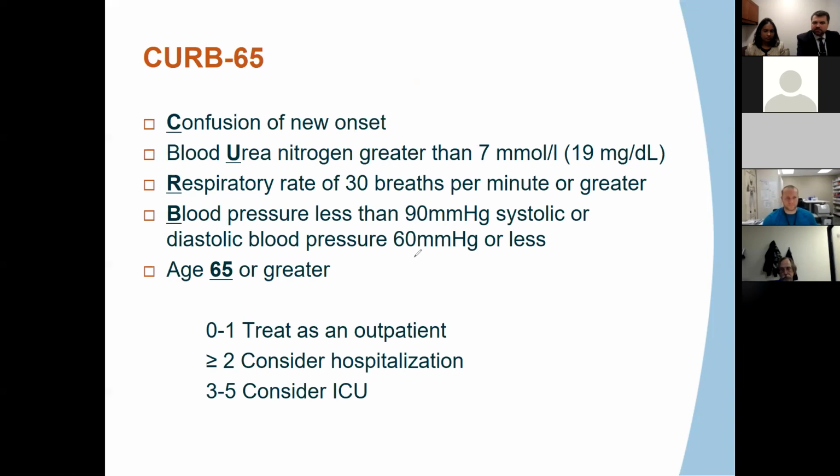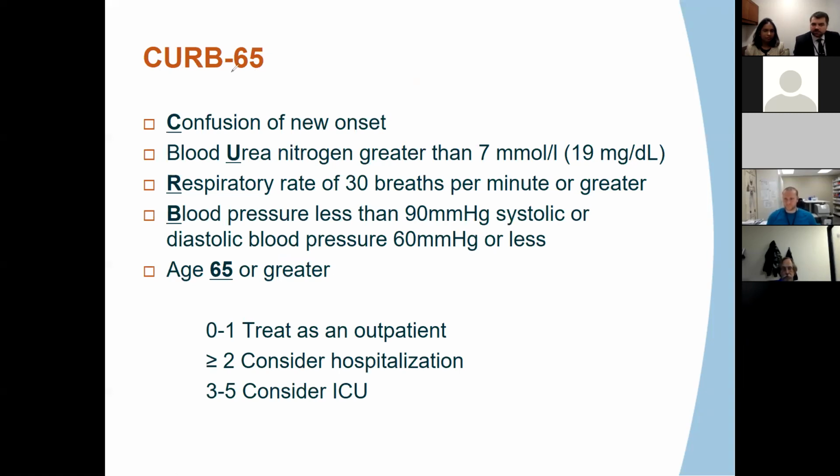They can come up with an objective scoring system. And one of the reasons this scoring system is really good is because it's so simple. The CURB 65 score is easily remembered because you can just look at it and remember it. Other scoring systems are actually better, but they take so many variables that it's too hard to do in a clinic setting.